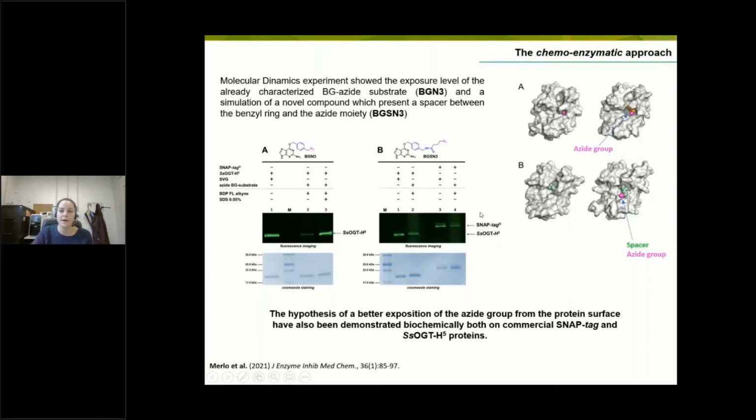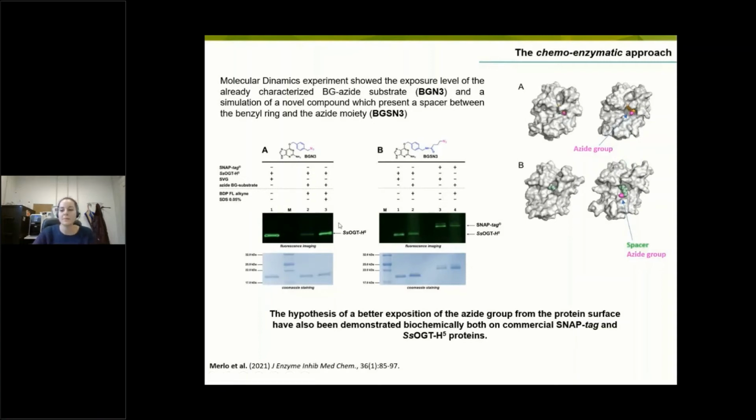And this data has also been confirmed by the biochemical experiment illustrated here. For the first one, as you can see, using the SNAP Vista Green as control for the better labeling of the reaction, the efficiency of the chemical reaction, and so the labeling reaction, is very low, but it becomes comparable to the SNAP-tag classical reaction by adding a small amount of SDS to the solution.